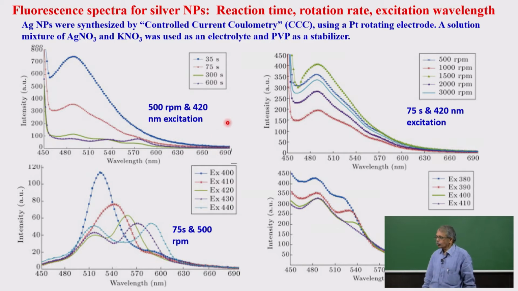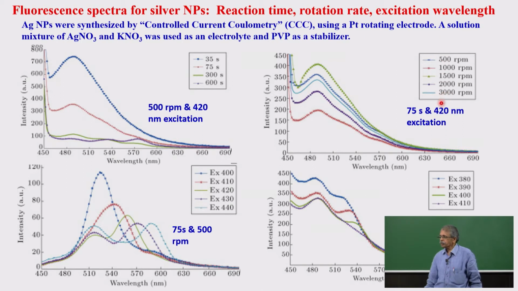Okay, let us look at the rate of the reaction in this. See the right top panel. Here what is kept constant is the reaction time, 75 seconds. Here 75 is the red one, you're picking up one of those, and the excitation is at 420 nanometers like earlier. Now you're changing the rotation speed, or the stirring speed, going from 500 to 1000 to 1500 to 2000 to 3000.